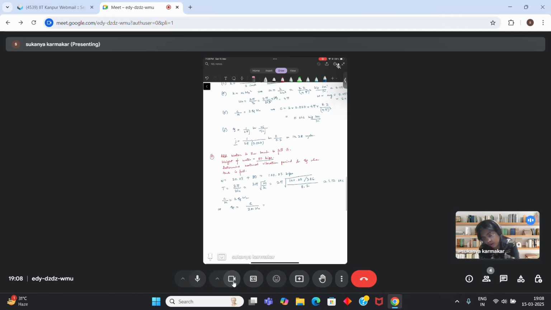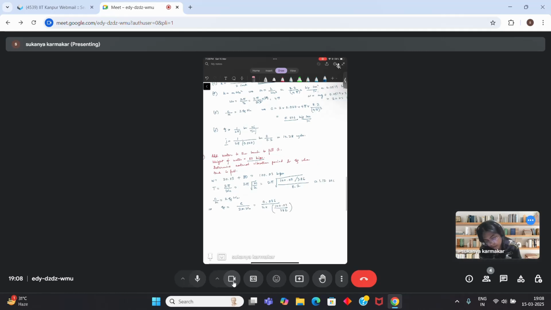C is what you had found earlier, 0.036. 2 into m will be 100.03 by 386, and omega n again you can calculate, under root of k by m, so k by 100.03 with 386.